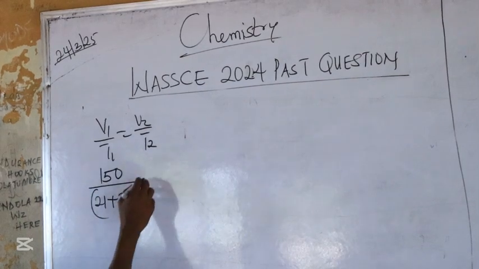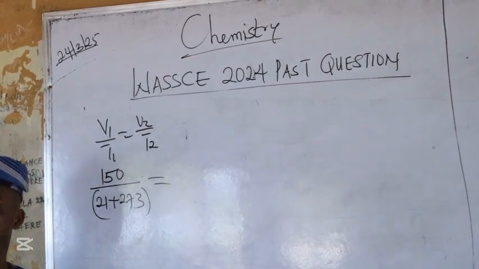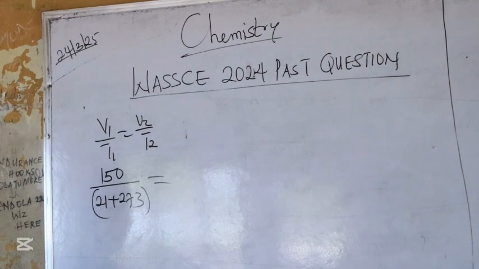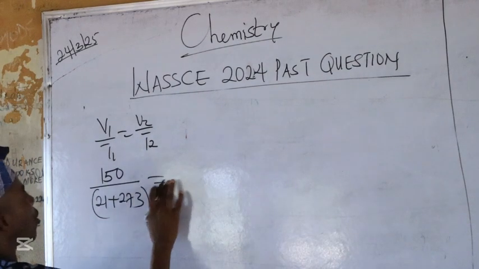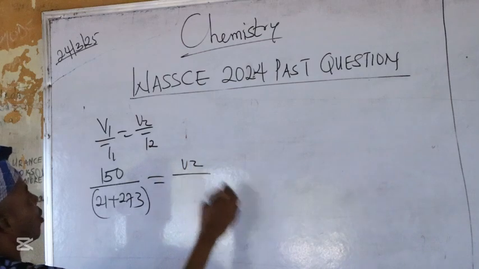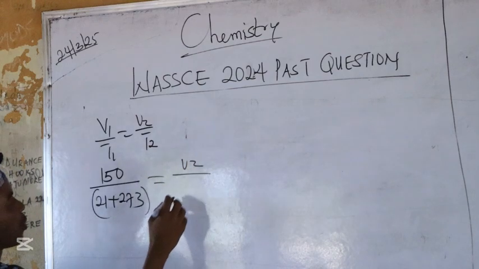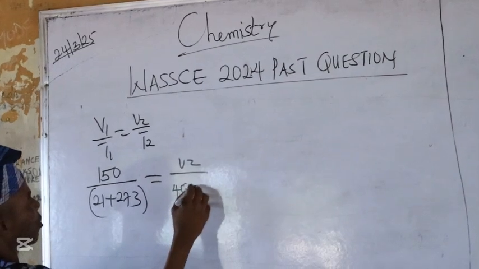Don't forget that the temperature there must be in Kelvin. Then we are looking for V2. Then what is T2? 45 plus 273.